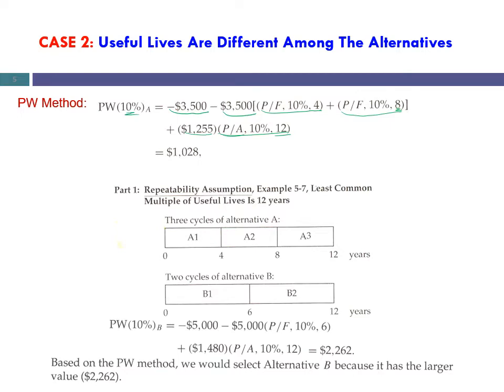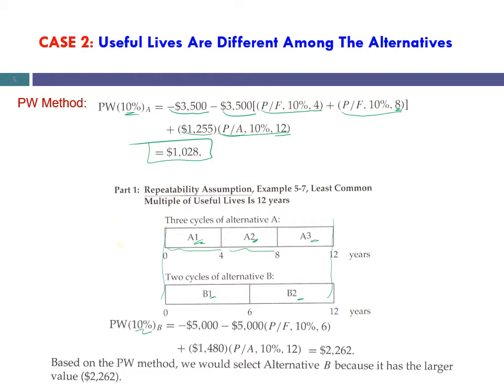And with 10% interest, the present worth of alternative A is this much. So what actually happens when we repeat alternative A 3 times is we have the same cash flow in the first 4 years, then repeat the same thing. This is the second repetition and this is the third repetition. And for B, we repeat it just 2 times to reach the same time span.